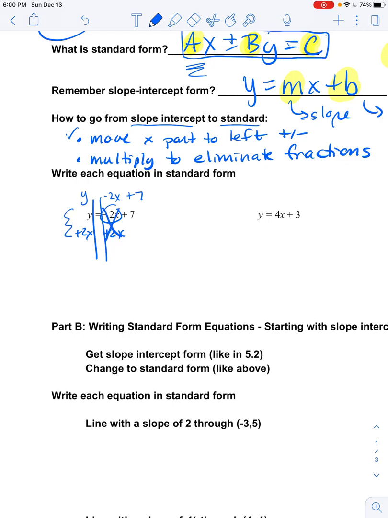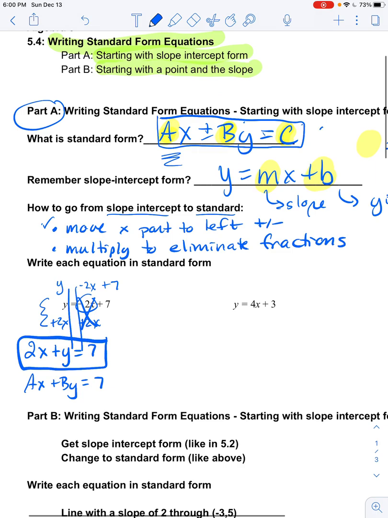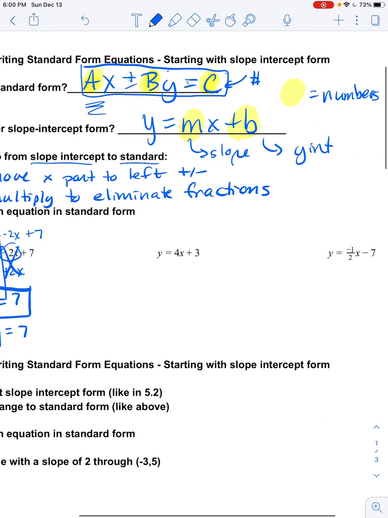And then between these two things, I'm going to write 2x in front of the y, because then I have standard form. I have my x plus something y, which in this case is just 1y, and then that equals just a constant or number. Because if you look over here, this is just a number on the right, no more variables. All the variables are to the left.